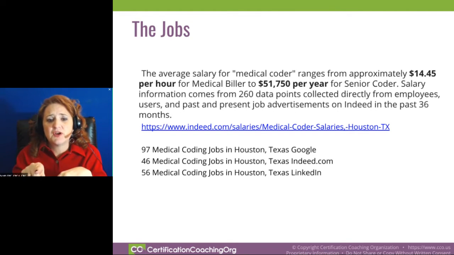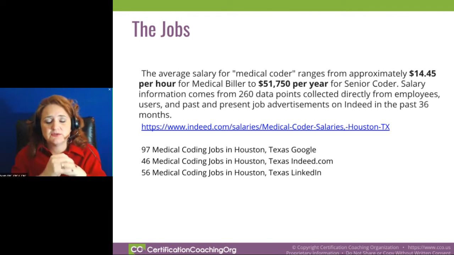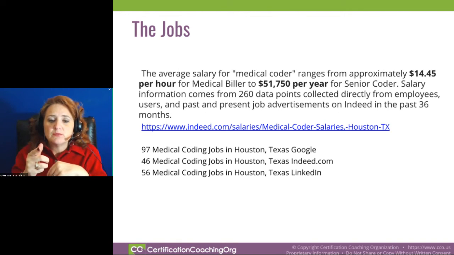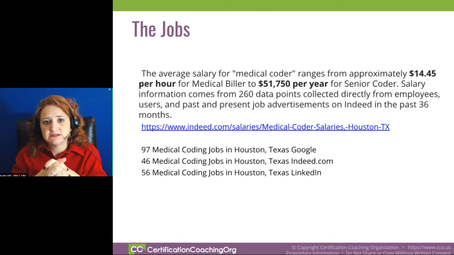And this came from Indeed. It's a relatively recent survey that you can look at. Indeed is a company where you can go look for a job. So again, if you are a senior coder, you're probably making $50,000 a year. So you've got a little bit of experience under your belt.